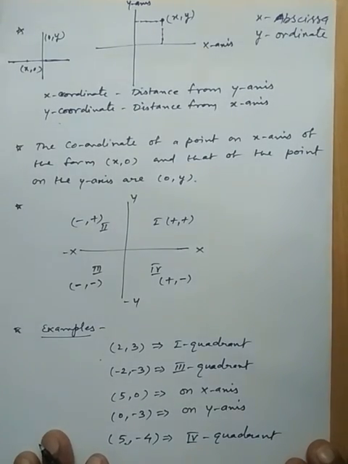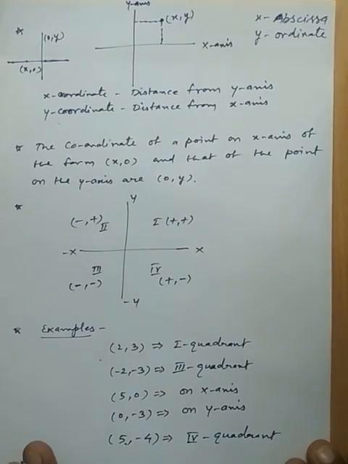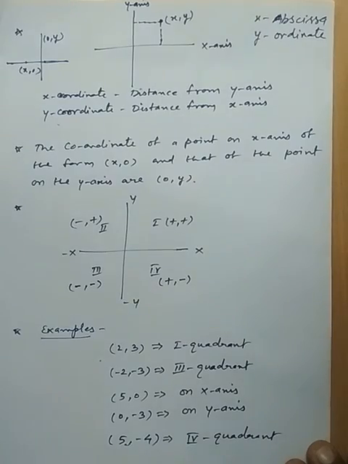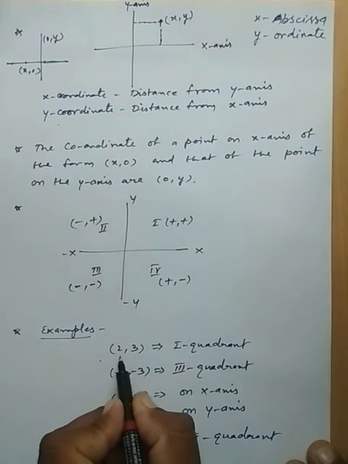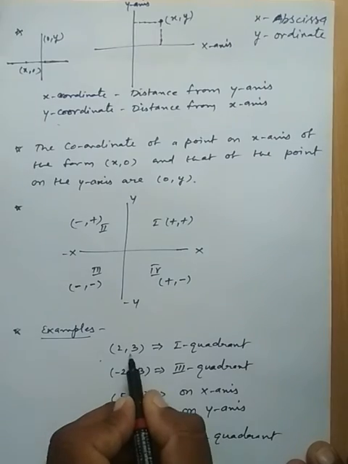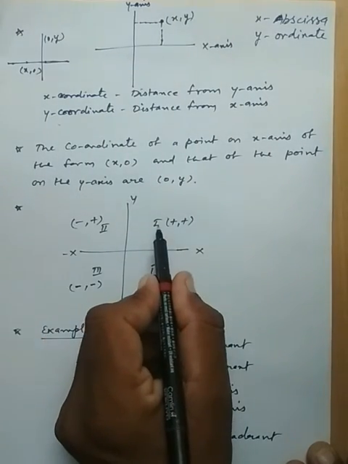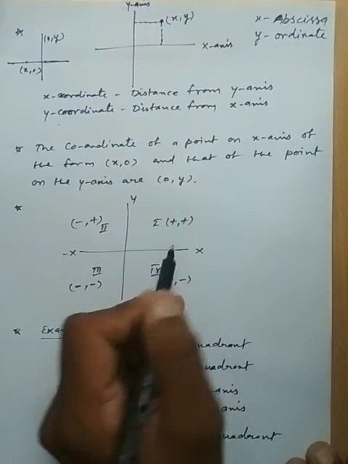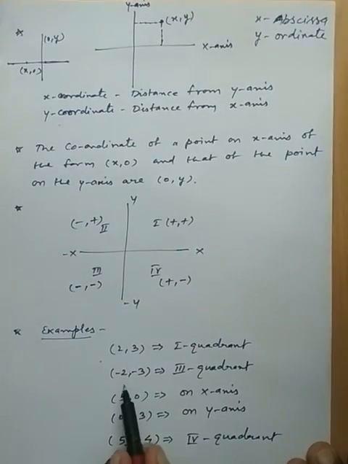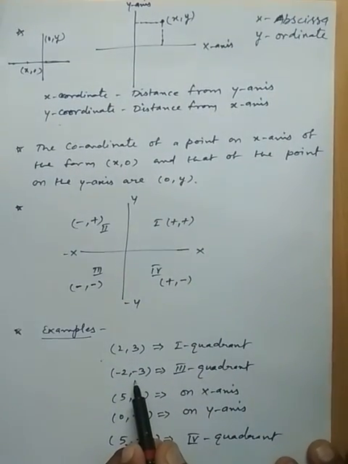In which of the following, are the points lying in a quadrant or on an axis? Suppose the first example is (2, 3). Both are positive, so the point (2, 3) lies in the first quadrant. Second, (-2, -3).